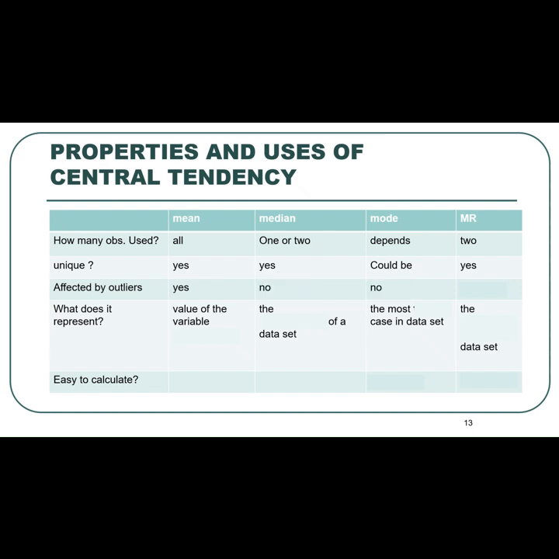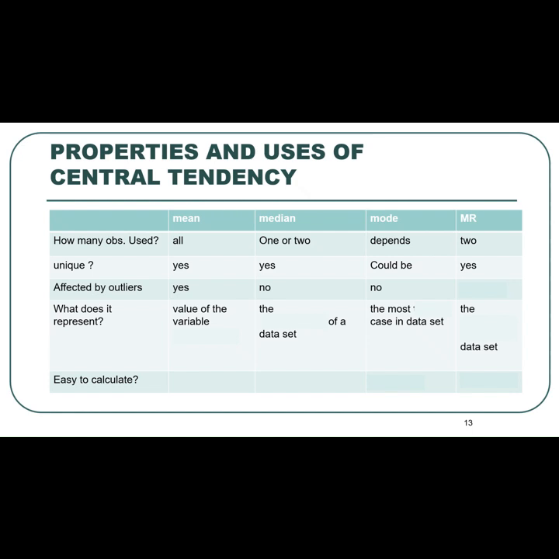Mode will not be affected. Why? Because the mode is the most frequent point in your data set. Even if that value was the smallest one in my data, if it is a mode, then it is not an outlier, because an outlier is a value which is too far from the bulk of your data.